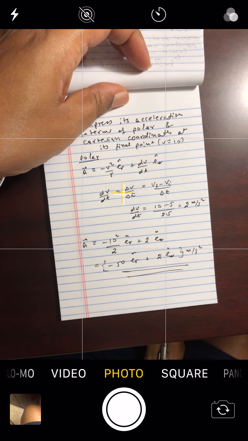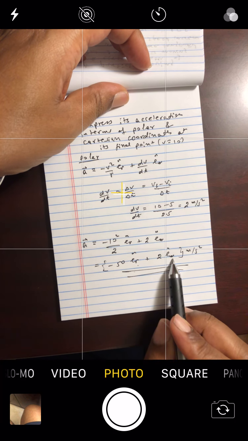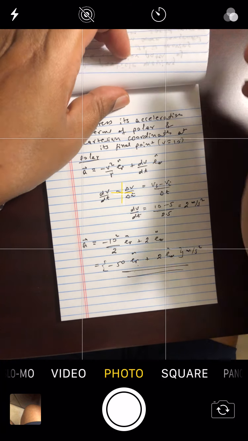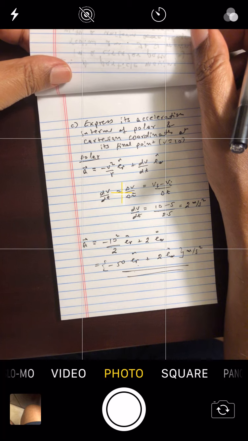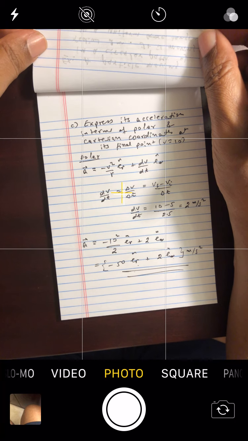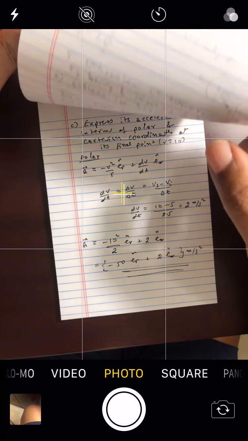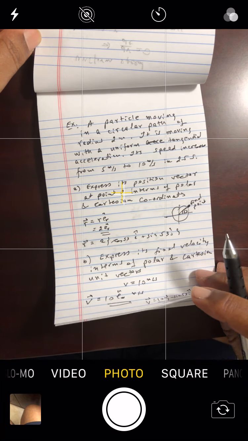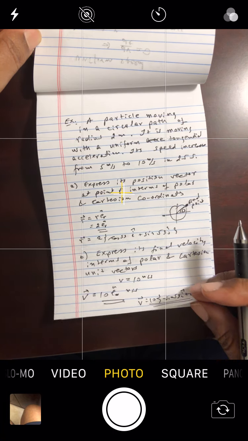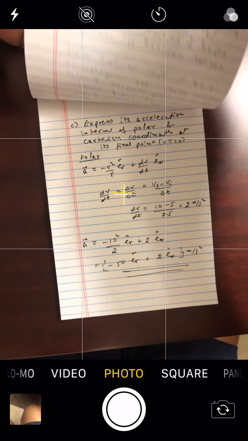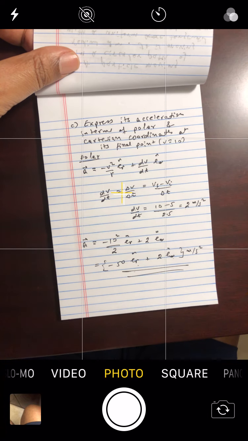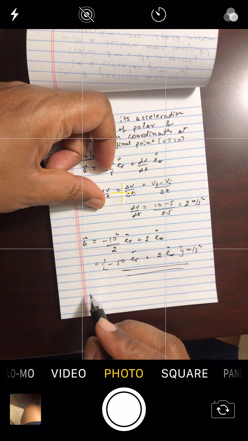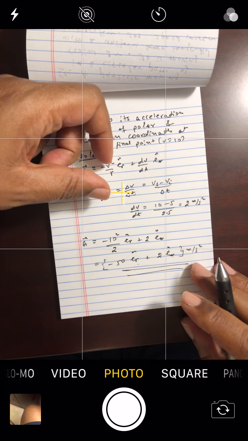Now, to change it to Cartesian coordinates, all we have to do is replace this in terms of i and j. Okay, now we're talking when the object is at point P, the position vector is phi3 degrees. Okay, that's our final point where the direction is phi3 degrees. So this equals, maybe let me write on this side.